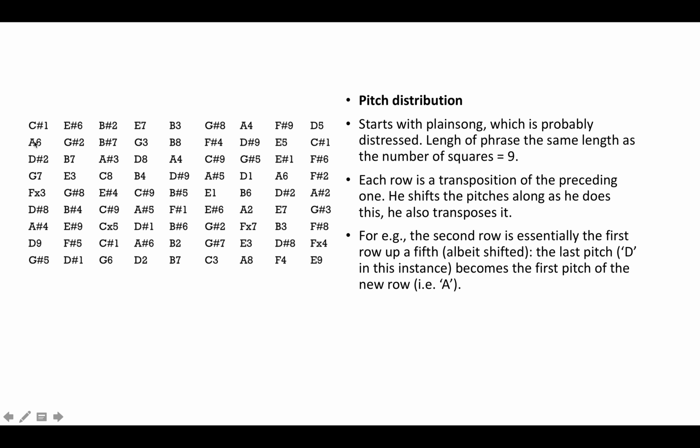Yeah, so A to B, and so on. And what's this one? Well, this is a semitone. So D sharp, which is an E flat, to an E, a B to a C, and so on.